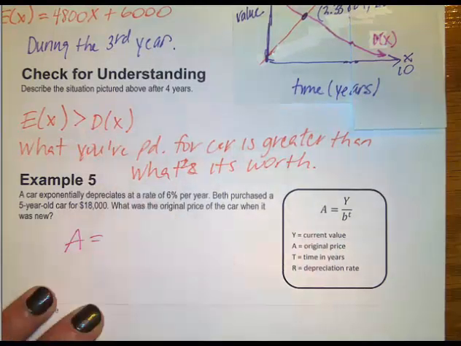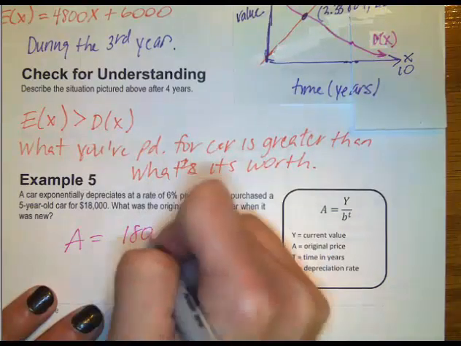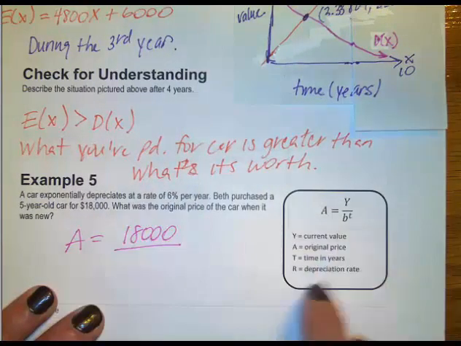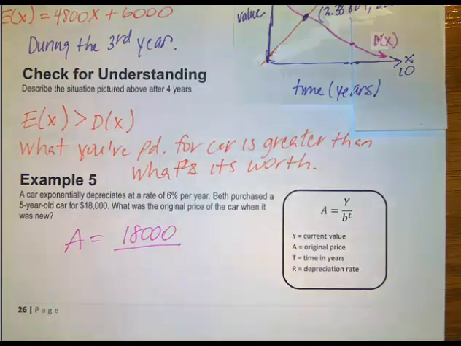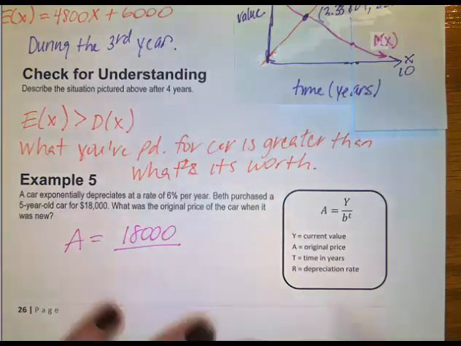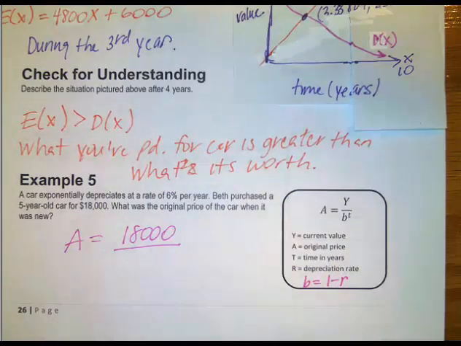A. Y is the current value, so that is 18,000, over B, which is your base, raised to the T, which is the time in years. B is not here because B is 1 minus R, so don't forget that part.